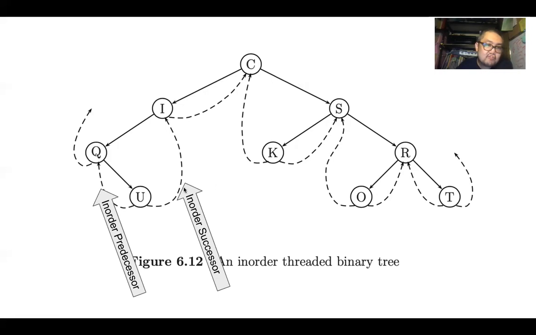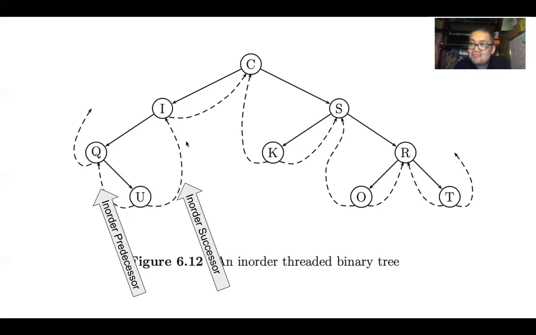So for example, for node U, the in-order predecessor is U because that is the node that comes before, in order, sorry. And node I is the in-order successor because if we write this in in-order traversal, node I is the node that comes after node U. So instead of having null here, we point it to the in-order predecessor and the in-order successor.